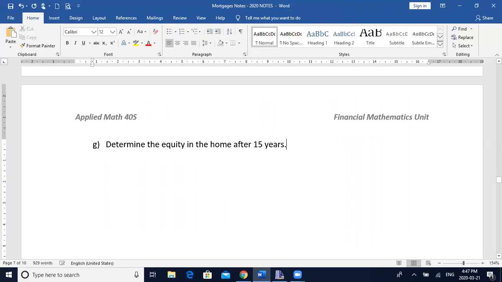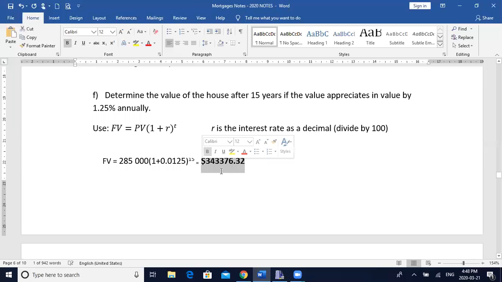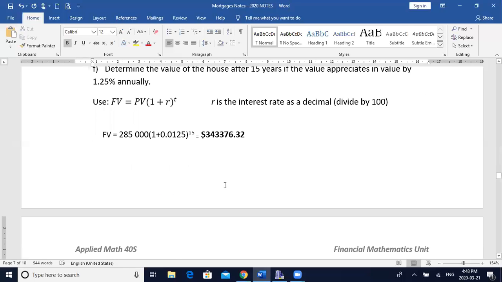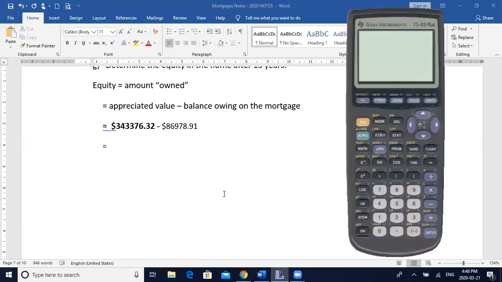So equity is what we have to calculate here, taking the 15 years. We will use our appreciated value, $343,376.32, and we're going to subtract $86,978.91.